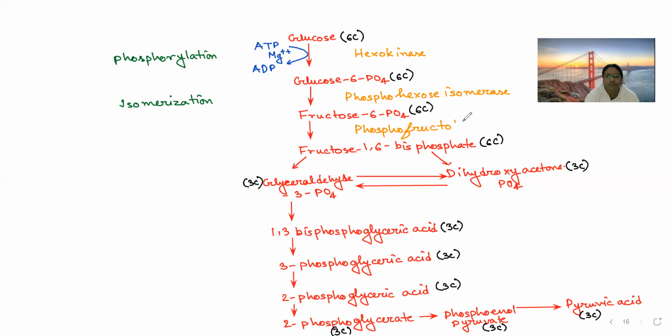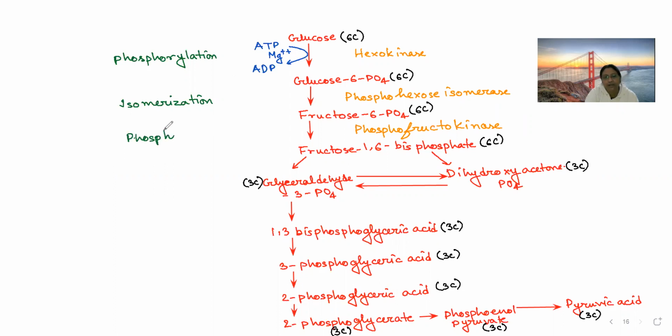Fructose 6 phosphate to fructose 1,6 bisphosphate. Anyone want to try? What type of reaction is this? Again phosphorylation. Obviously addition of a phosphate group takes place.